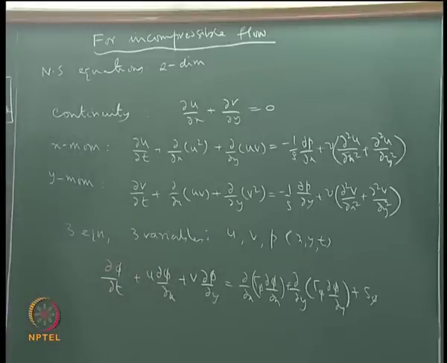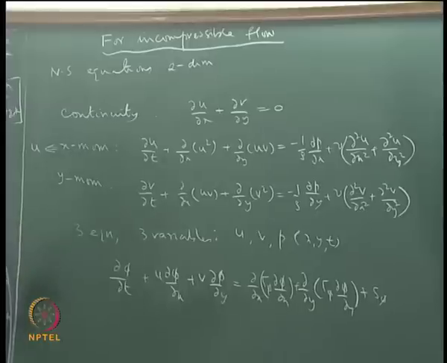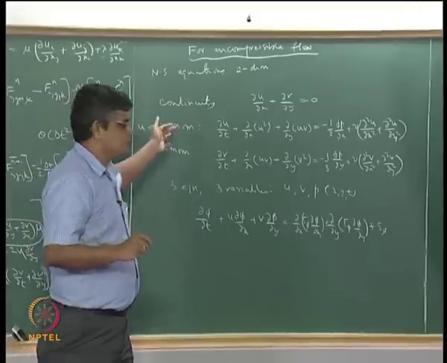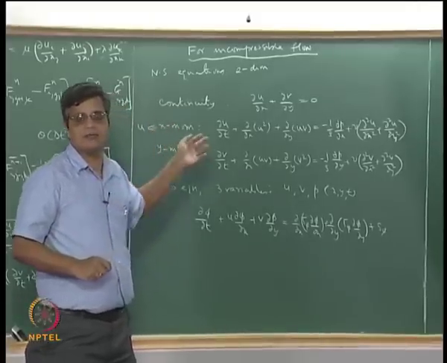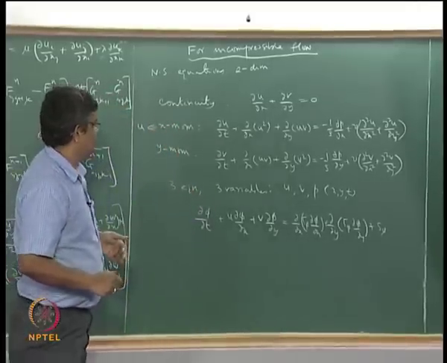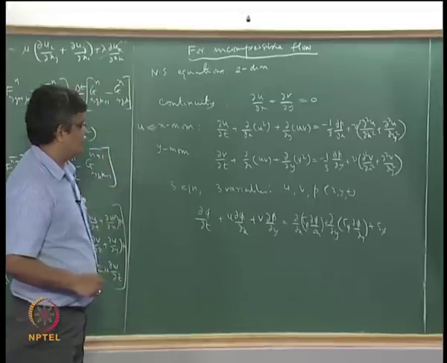Now the difficult thing that we see here is that the x momentum is a statement of the conservation of u, the velocity component in the x direction. Therefore we expect that this equation should be solved in order to get u. So the value of u is more or less determined by the momentum balance, because u represents the momentum per unit mass in that particular direction.